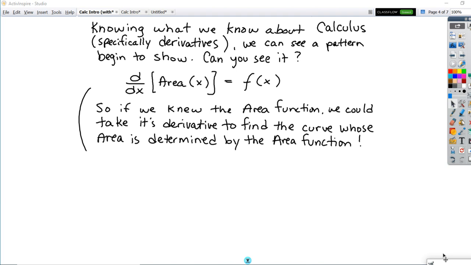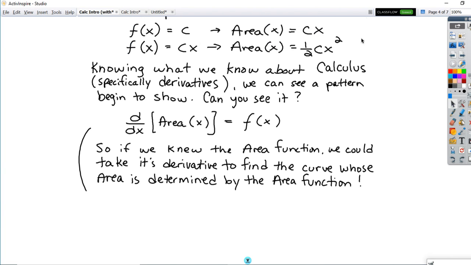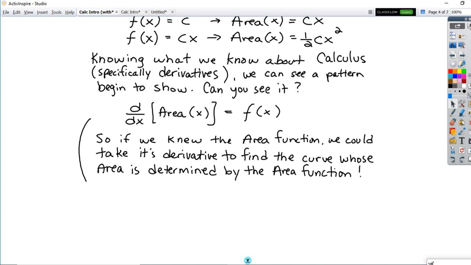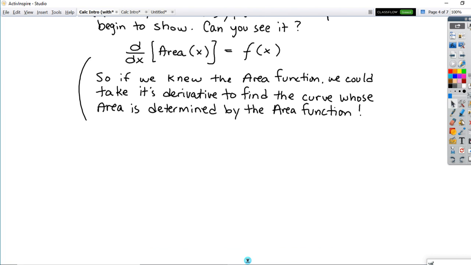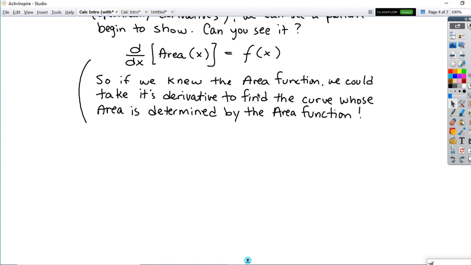So if we had started with the area function, we could take its derivative and know what kind of graph produced an area like the original function we had to begin with, the area function. But what if you have the original function and you want to find the area? Then there's got to be a way to undo this. Multiply both sides by dx.